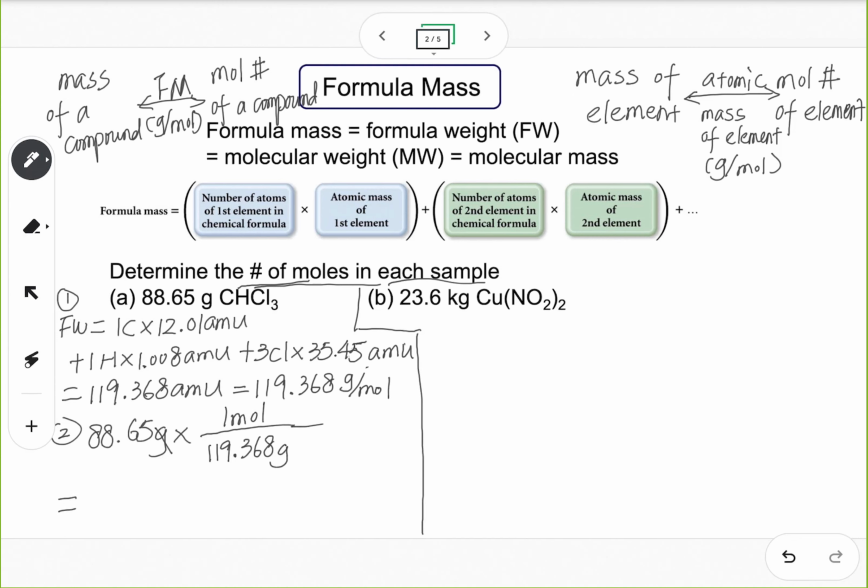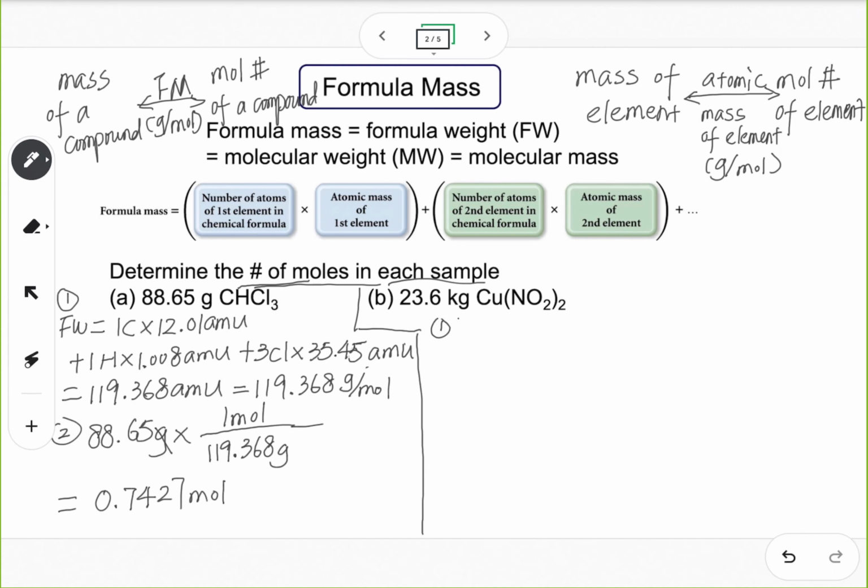If you do the calculation, that will give you 0.7427 mole, 4 significant figures. This is the first example. Now the second example, we just follow the same procedures. But in this example, I want you to be careful about the number of the atoms for each element. Let's start.